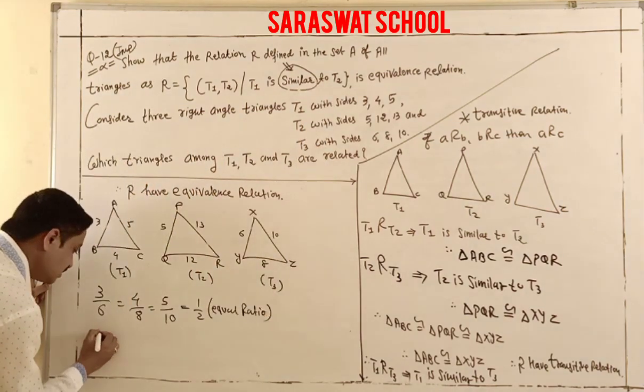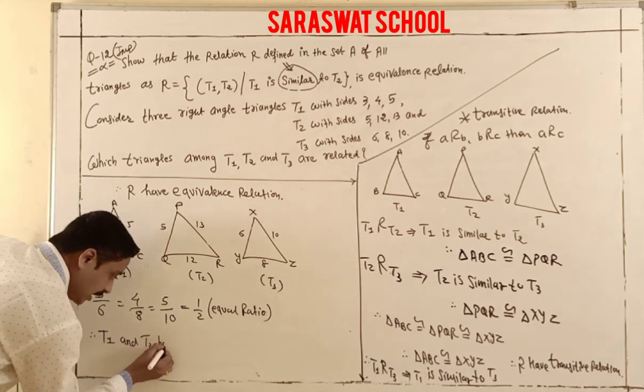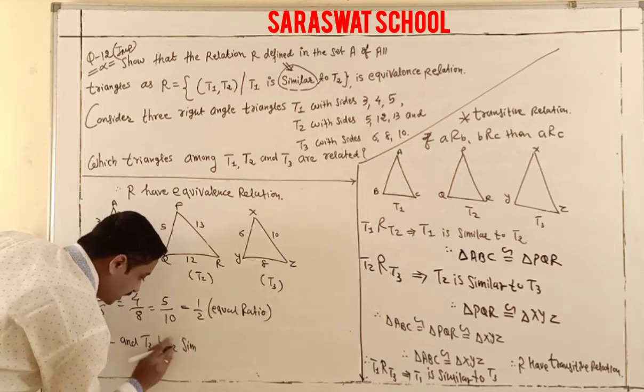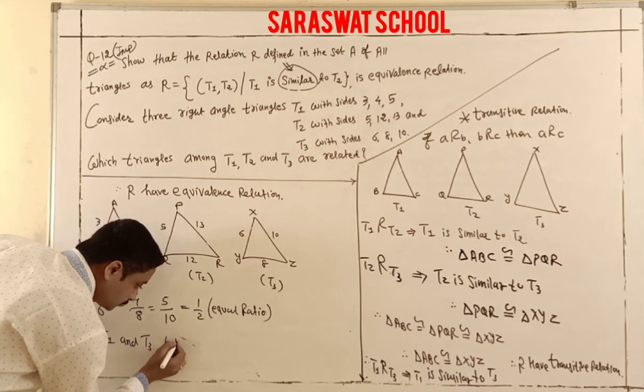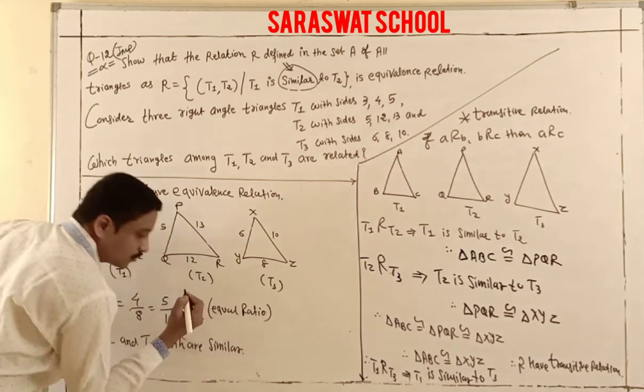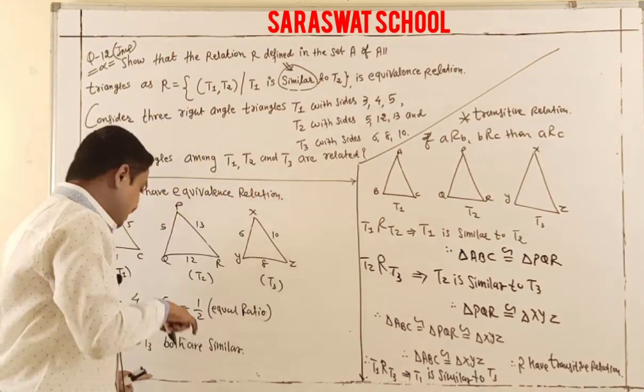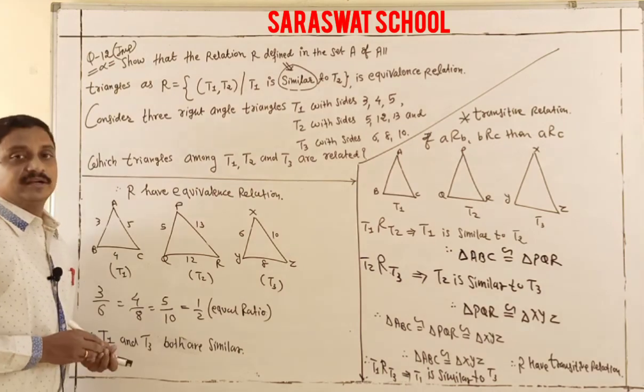So right triangle T1 and triangle T3 are similar. Among T1, T2, T3, the related ones are T1 and T3.